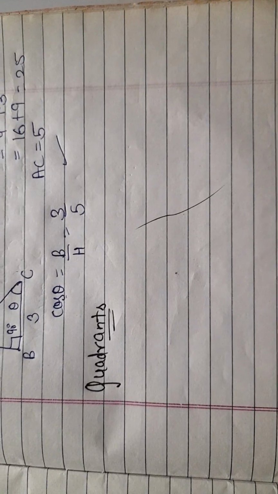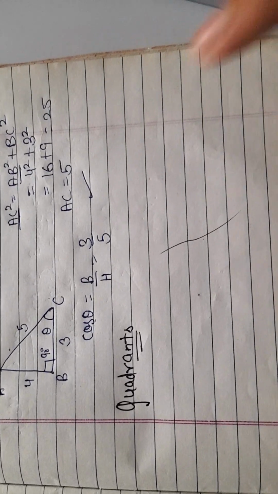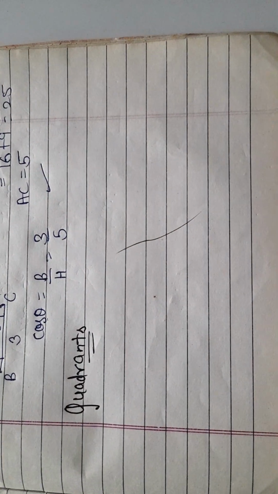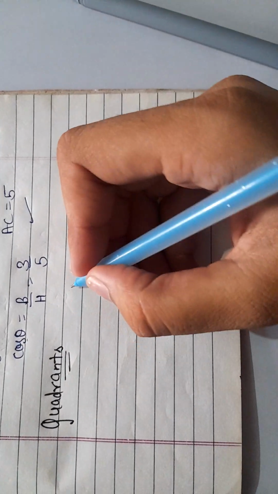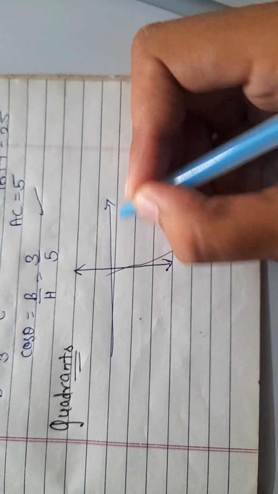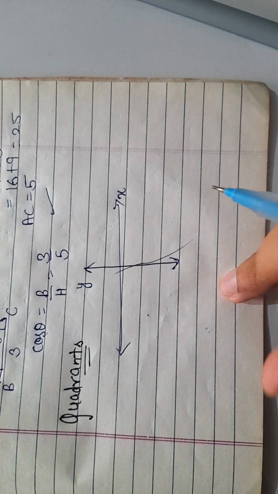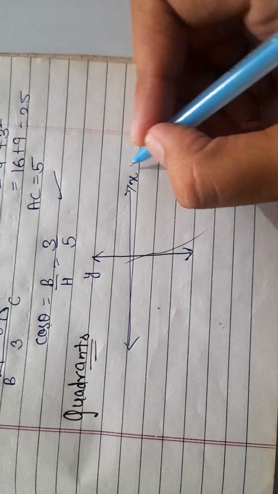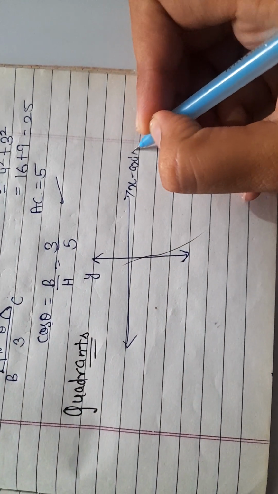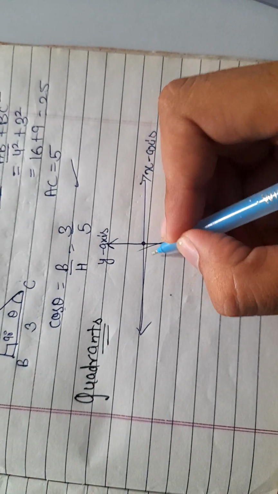In 2D we have two coordinates that are x and y. This is the y axis, this is the x axis. Okay, it is just the center, nothing.